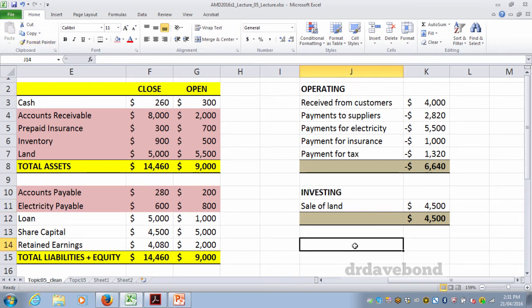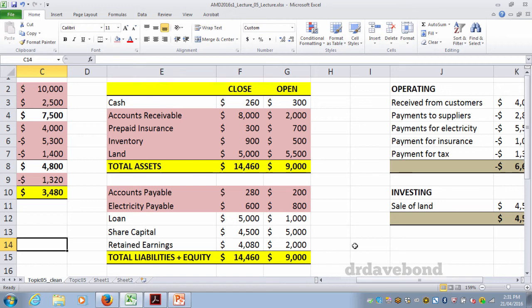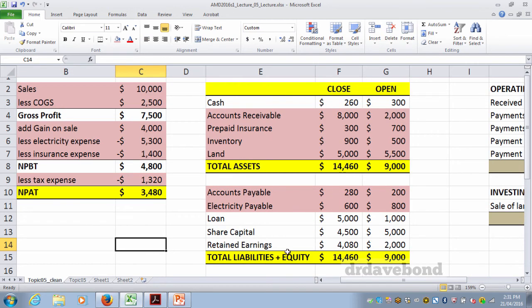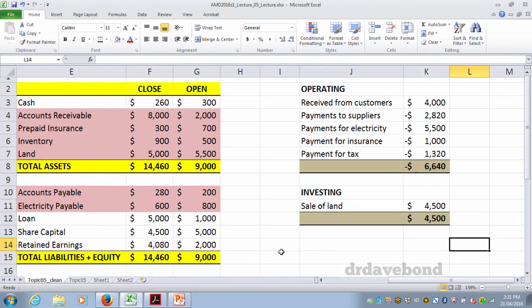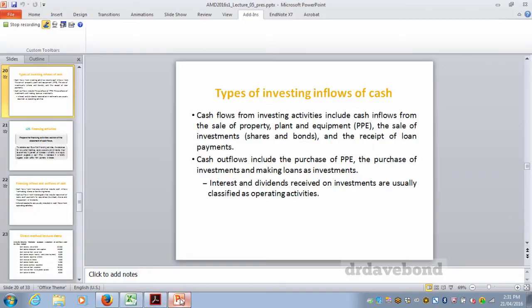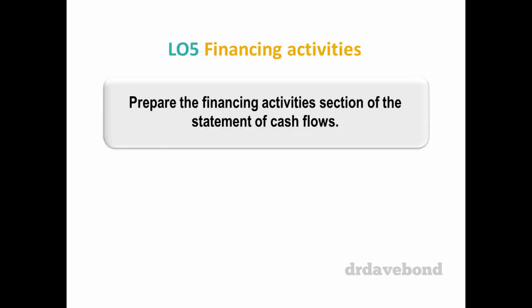So sale of land is 4,500 and it's positive because we have received cash from selling it. And again, it's the same process. We've done the account and we moved on. And look, the very last one is the financing section.